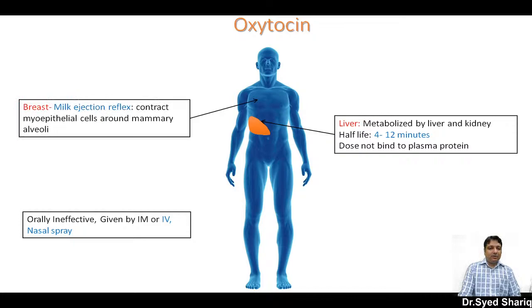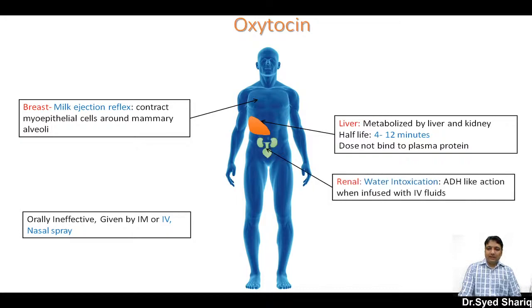Then it can also cause the milk ejection reflex because of the contraction of the myoepithelial cells around the mammary alveoli. Then we have already said that it has a vasopressin-like action, so water retention can happen.